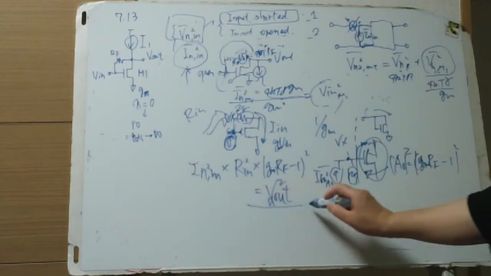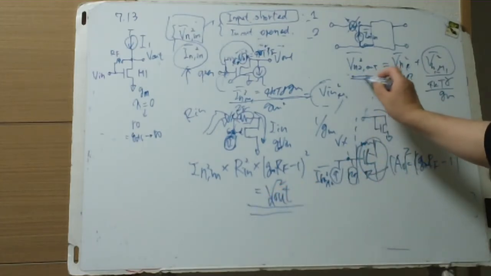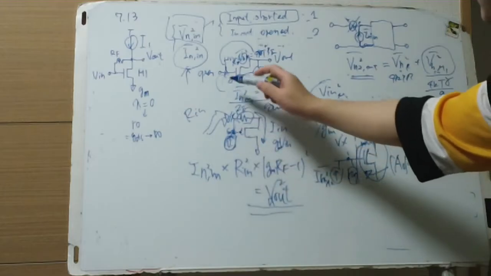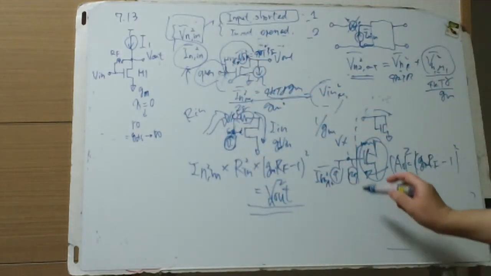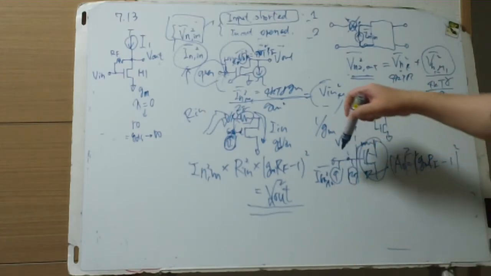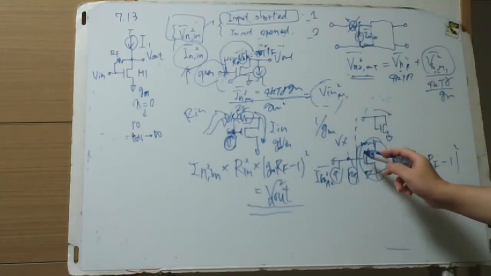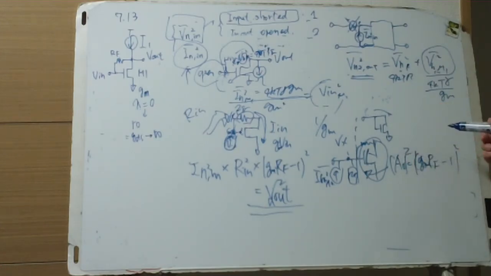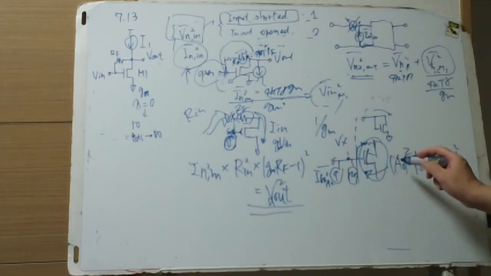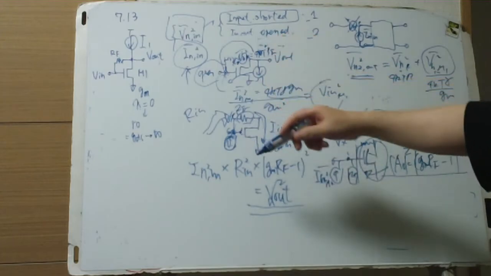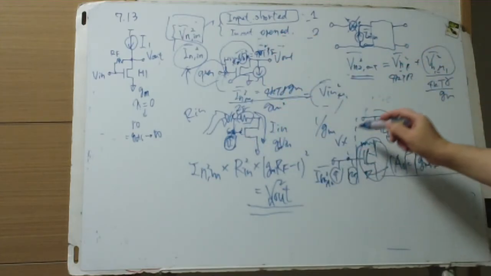This represents the same noise in another way, because both are the input-opened case. Input opened generates a current, injected into R in, which generates a voltage and then the output voltage when multiplied by the voltage gain. Both are the same model, with the same output noise.